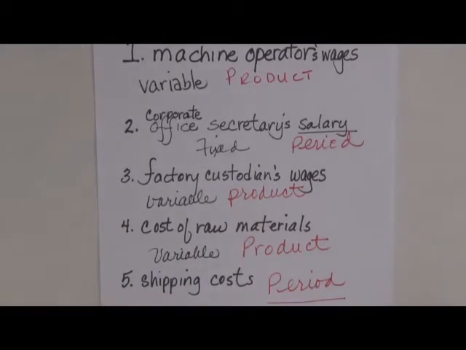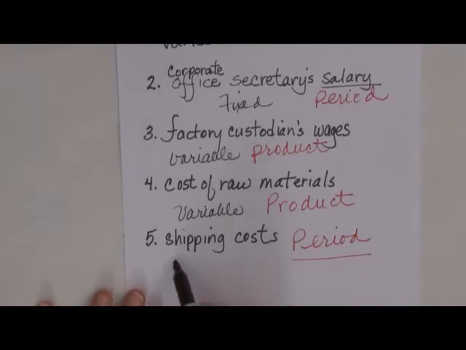If we're not producing, we don't have that cost. And finally, shipping costs are variable, and these will vary as a function of the number of units that we ship. So again, it'll be so much per unit shipped.